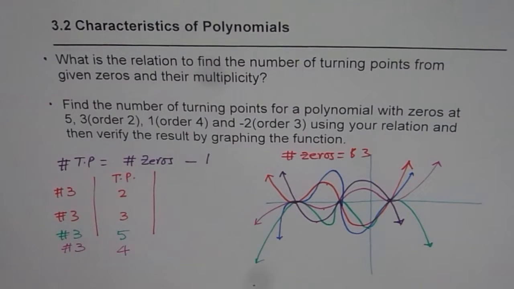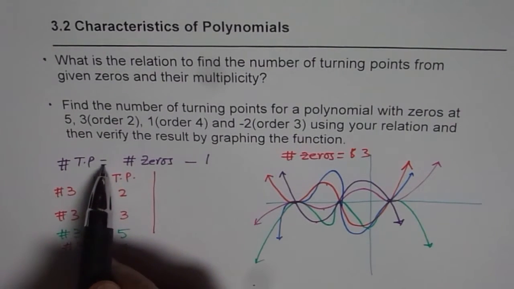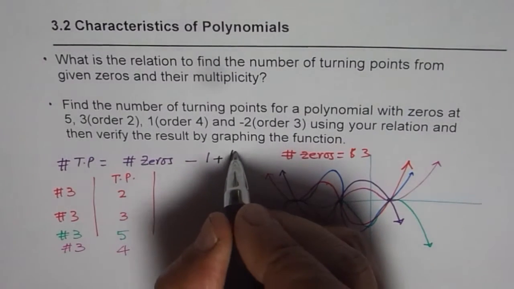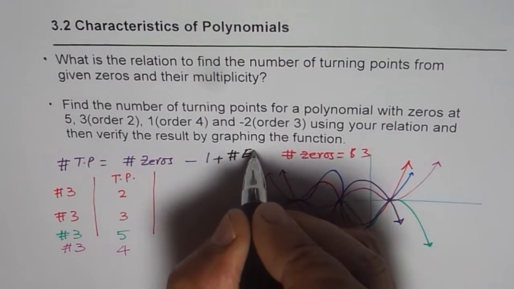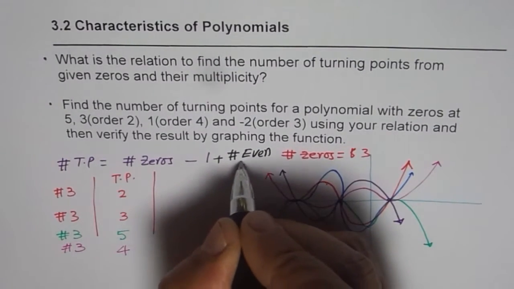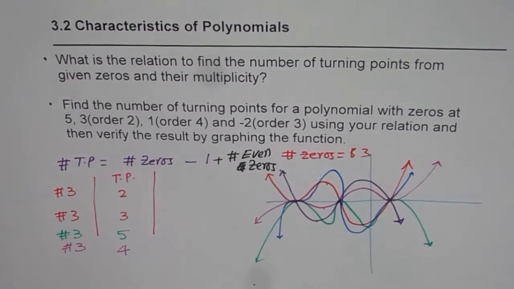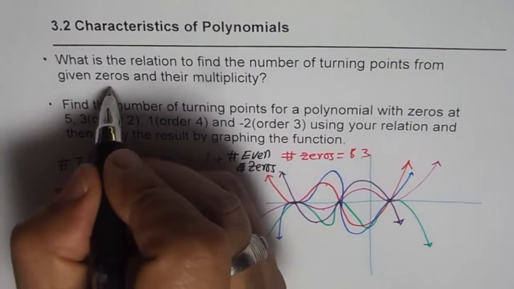That gives you the formula, right? So let me give you the formula now, and the formula is that the number of turning points is equal to number of zeros minus 1 plus number of even degree zeros, even zeros. Do you get the point? That is the formula. So let me write down bold and clear here.